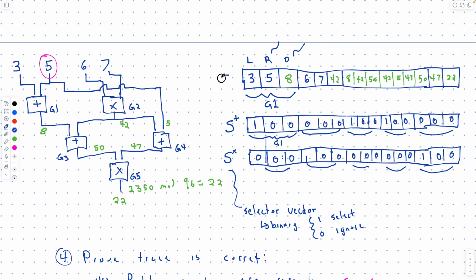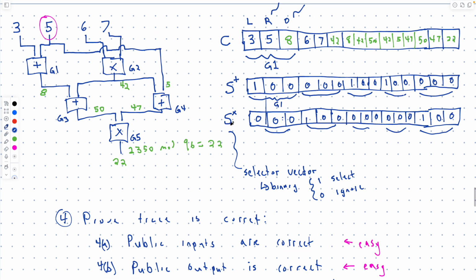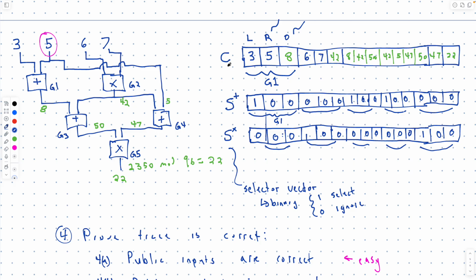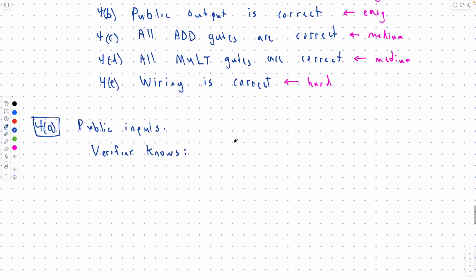So I'm going to call this C for circuit. I think that's fine. So we'll call this the circuit polynomial here. Okay, so the verifier knows a commitment to the polynomial of C.